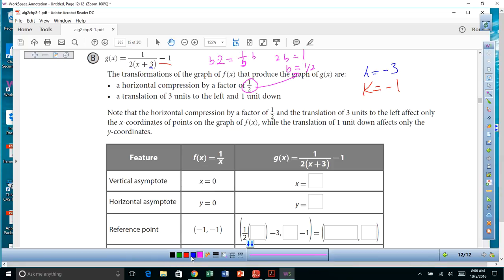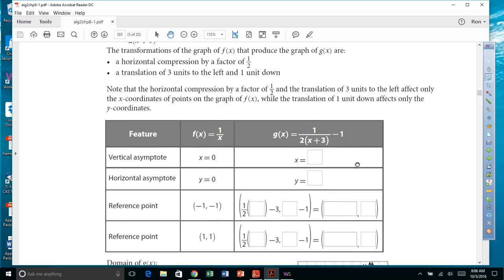It is now x equals negative 3. The horizontal asymptote was y equals 0. It is now y equals negative 1. Do you see on the equation where I'm getting these? All right, so let me roll it up now.